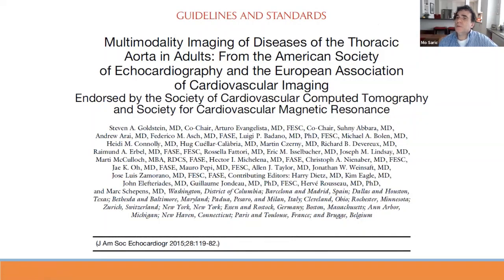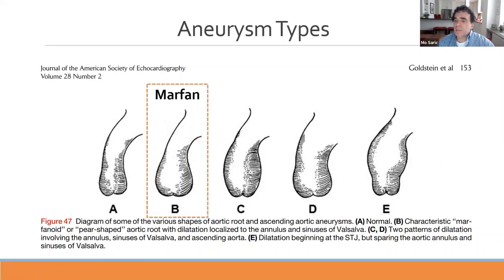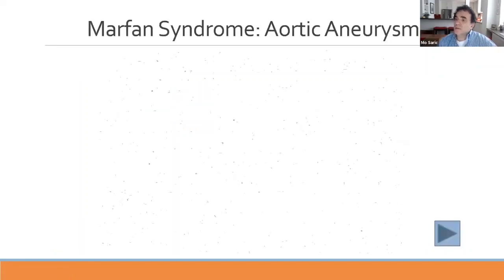And now if you look back at the guidelines from 2015 on multimodality imaging of the thoracic aorta in adults, these are the aneurysm types depicted in this document, and pattern B is characteristic of Marfan syndrome, and you notice that it's really intended to involve the very proximal portion, that is to say the aortic root itself, sinuses of Valsalva, as opposed to the other pattern that might involve a more distal portion of the ascending thoracic aorta.